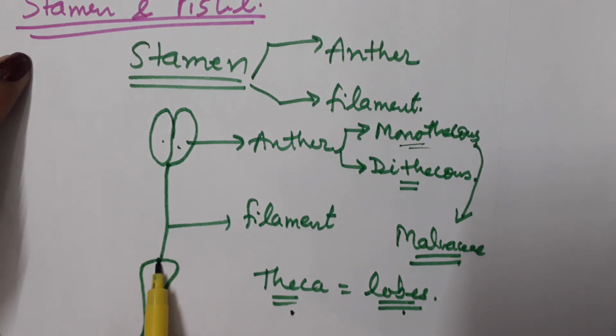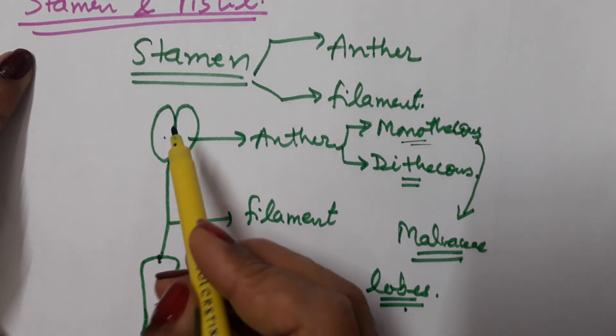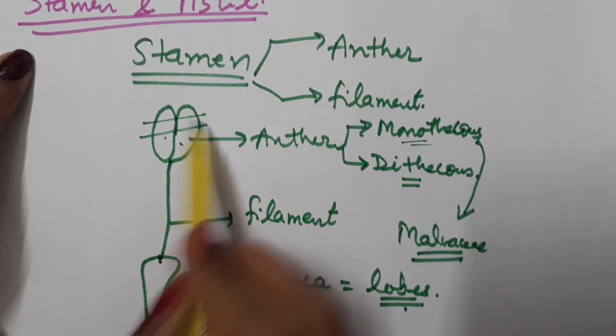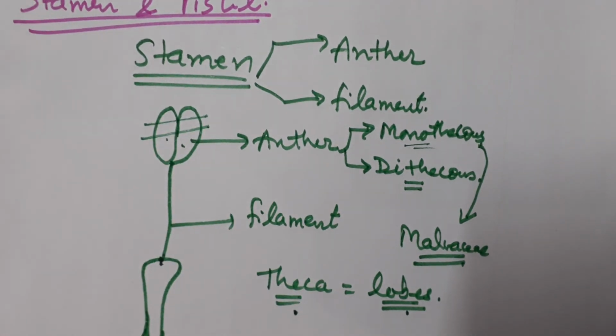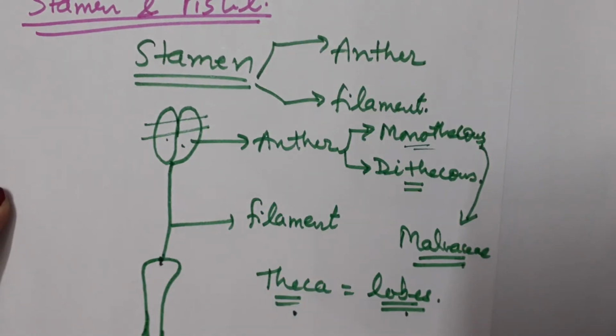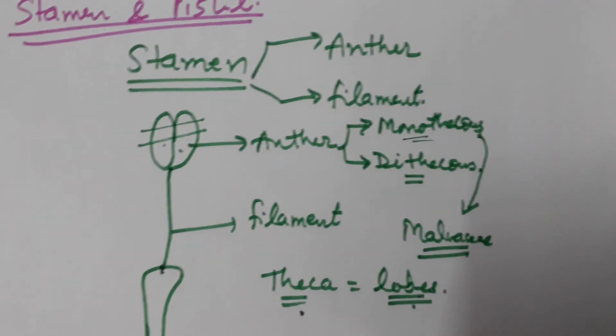The filament may be attached with the thalamus, or it may arise from the petals and represents the epipetalous condition. If I cut the transverse section of the anther, what do we observe? I am going to draw the internal structure of the anther. So anther lobes are visible.